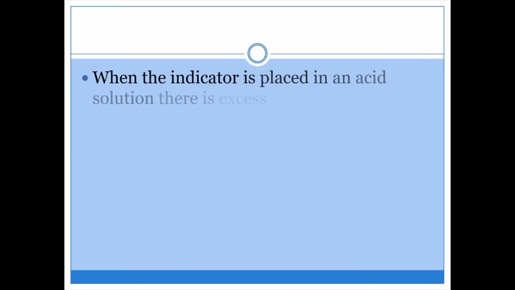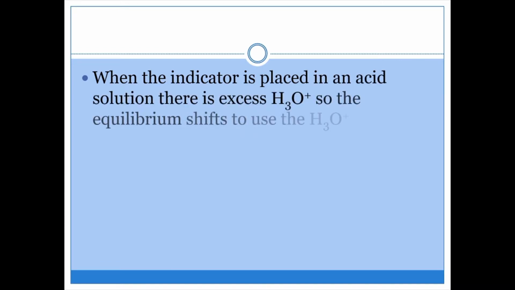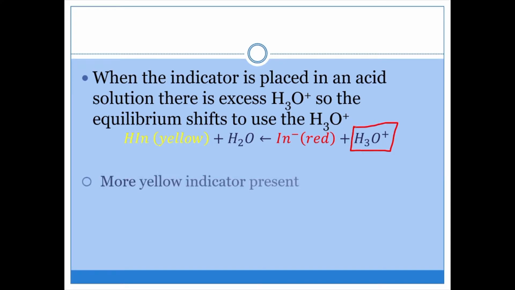And this is because when you look at that equilibrium again, you can see that if the indicator is placed in an acid solution, there's an excess amount of H3O+, so it shifts the equilibrium towards the acid form. Acidic solutions will contain large amounts of this, and it forces the equilibrium to go backwards.